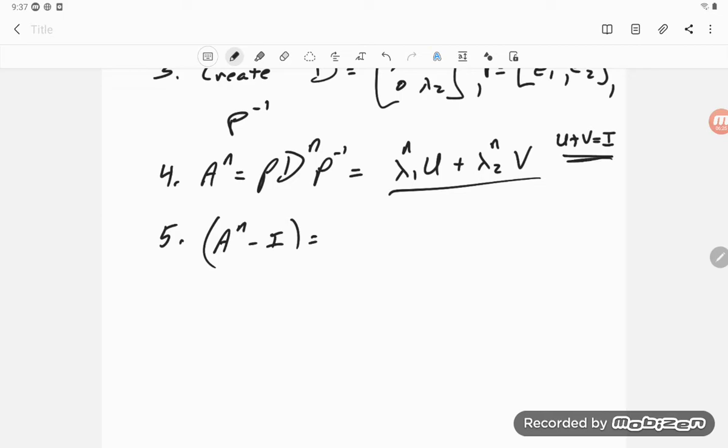So that's very nice as well, and that's part of what helps us in this step 5. Okay, so A to the n minus I equals the summation that we want, i equals 0 to n minus 1 of A to the i, so it factors as that, times A minus I.